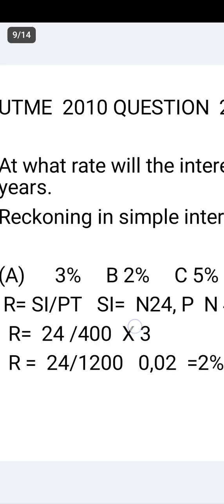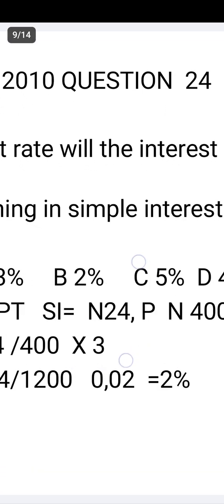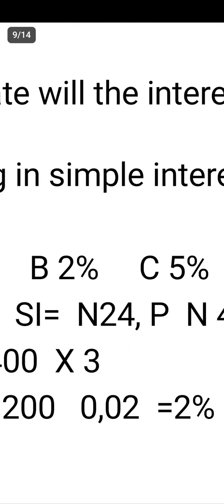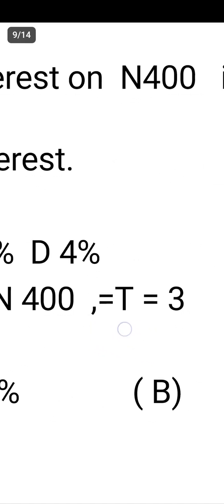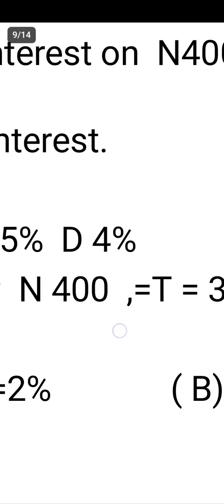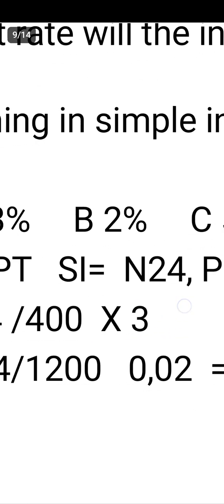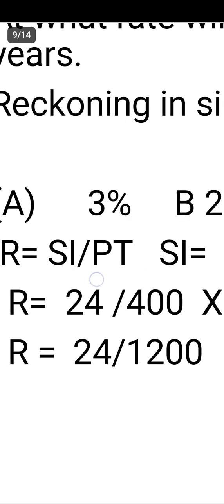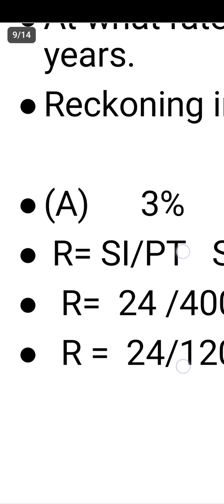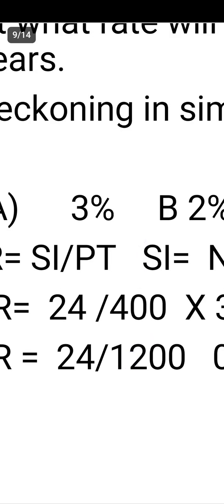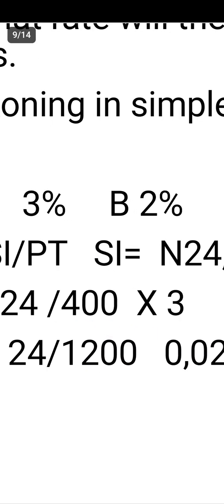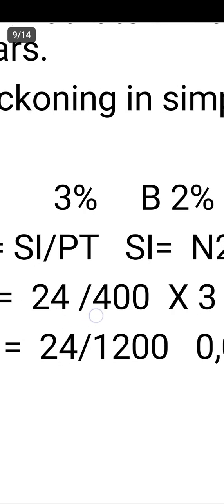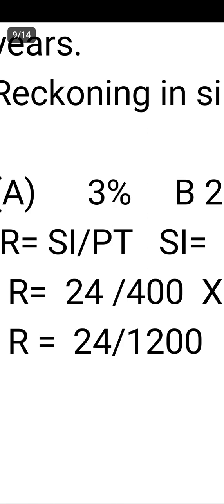In this case, the simple interest is given as 24, the principal is given as 400, and the time is given as 3. So we go ahead to fit those values in the formula. It becomes 24 over 400 times 3, which also means 24 over 1,200.